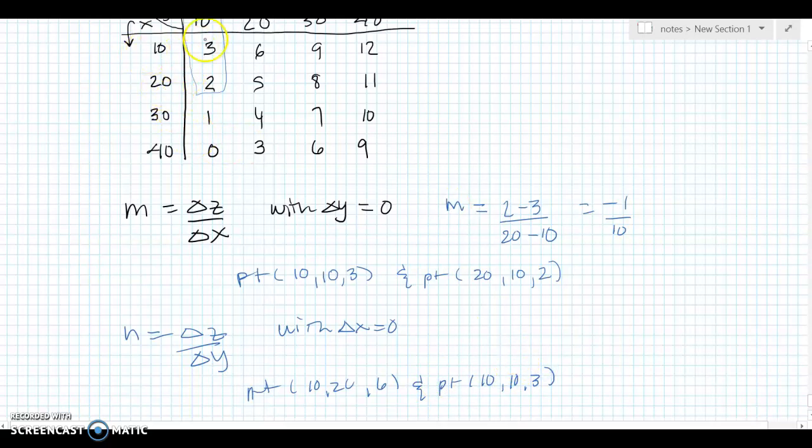So n is going to be the change in z, so 6 minus 3, over the change in y, which is 20 minus 10, and so we get 3 tenths.